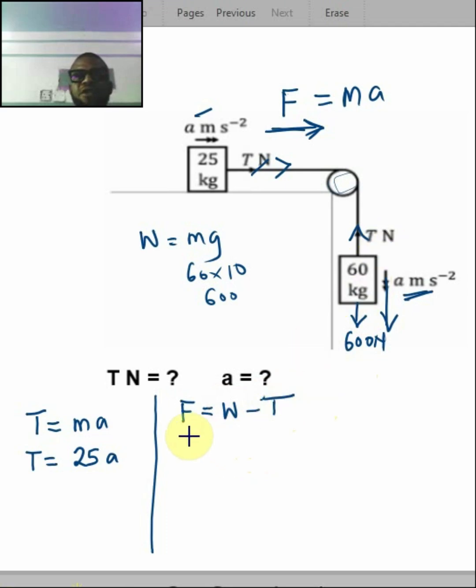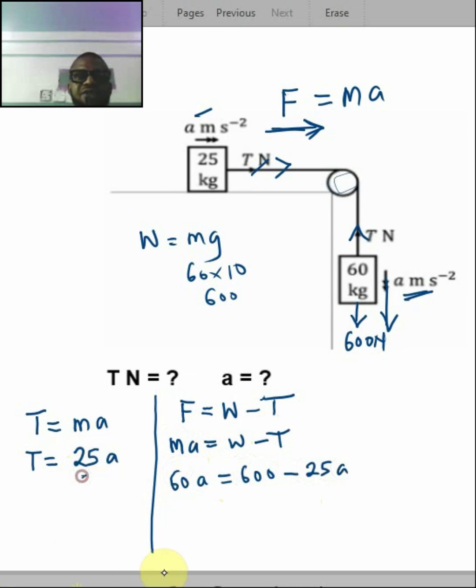So this is our weight now. This is our F, which is the mass times acceleration, equal to the weight minus the tension. So the mass here is 60, times A, which is 60A, is equal to the weight, which is 600, minus the tension, which is 25A.